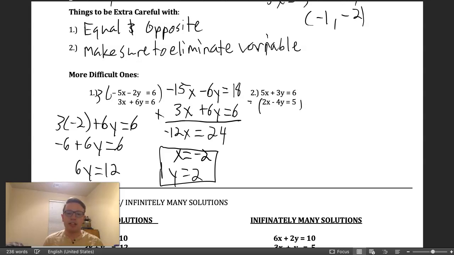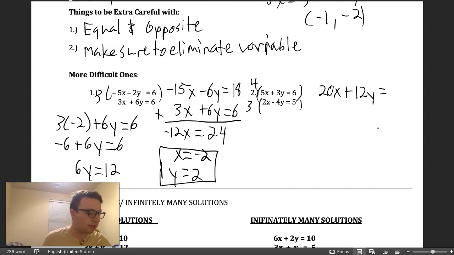And one way we can do this is just multiplying by the opposite coefficients. So multiply by 3 on the bottom and multiply by 4 on the top. When we multiply by 3 and 4, we'll make sure these come out to be the same. So this would then become 20x plus 12y is equal to 6 times 4, which is going to give us 24.